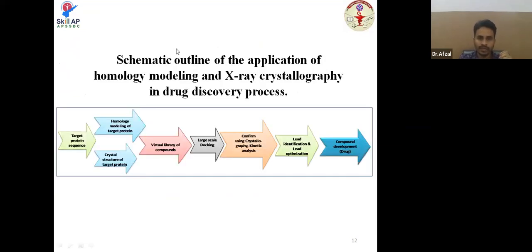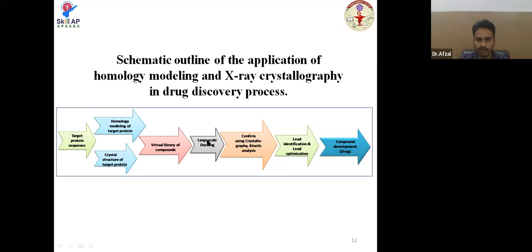So if you take the schematic outline of the application of homology modeling and X-ray crystallography in the drug discovery process, say this is a target protein sequence. Whenever you have a crystal structure of the target protein, already determined by X-ray crystallography, you start screening a virtual library of compounds and perform molecular docking.